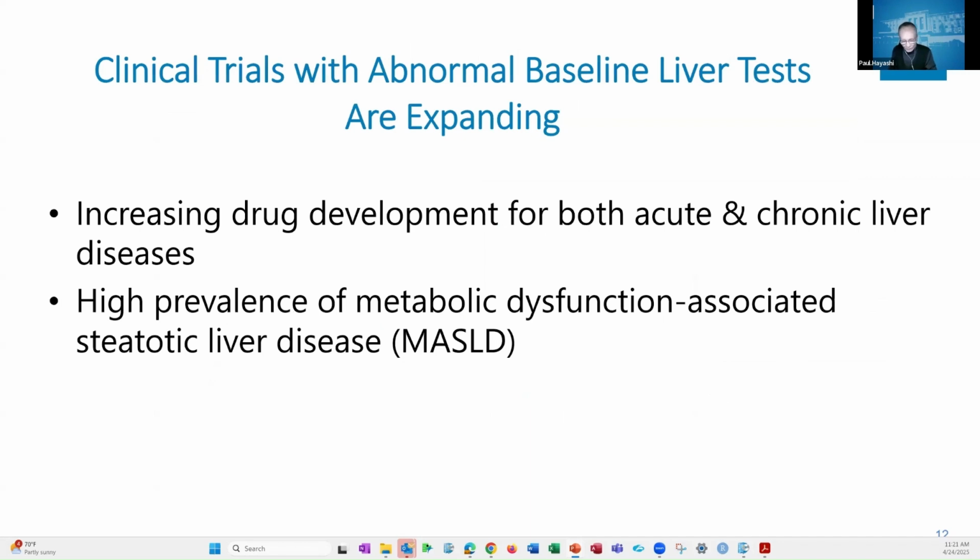Okay, so on to the large part of the talk. Clinical trials with abnormal baseline liver tests are expanding for 2 reasons. One is there's just increasing interest in developing drugs for both acute and chronic liver disease: autoimmune hepatitis, alcoholic hepatitis, biliary atresia. I could go on, there are many drugs in development now for these disorders.